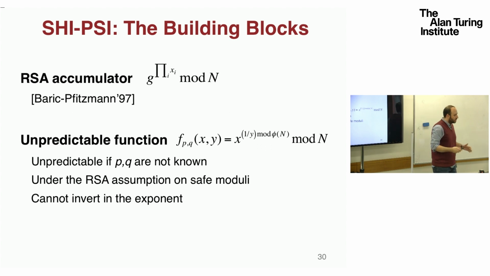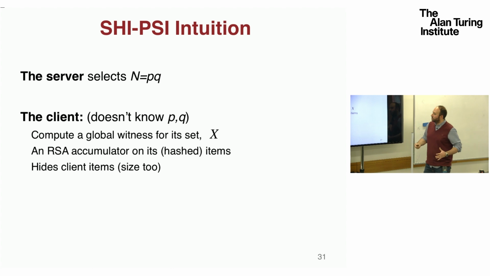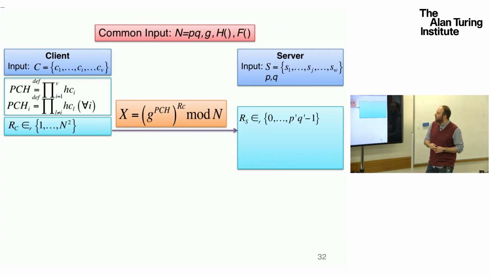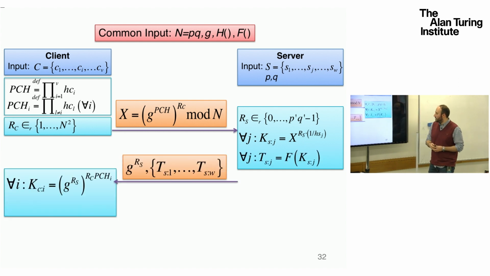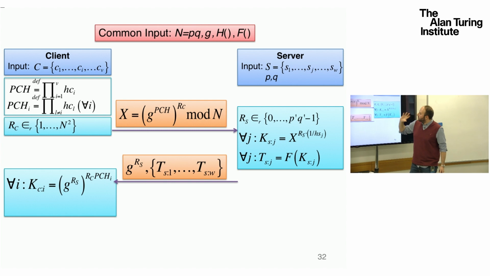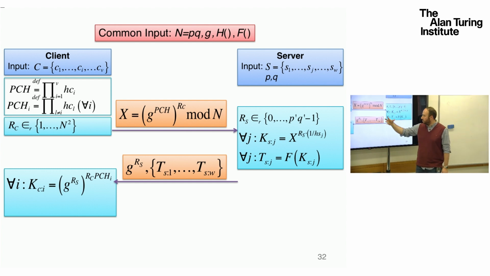Okay, so I'm going to skip this. I don't want to overload you with crypto. Let me just sketch it on the screen here to point to one thing. Like all these protocols, we have essentially two rounds. The client sends some stuff to the server based on its input.